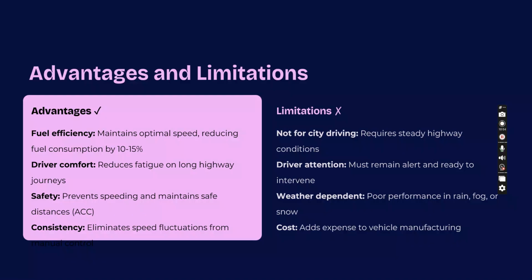So the driver has to be alert so they can intervene in the system. Third is weather dependence. For example, in an area with rain, fog or snow, cruise control will provide poor performance.